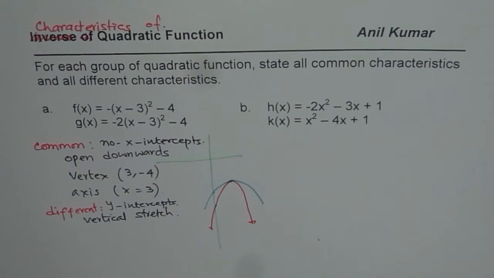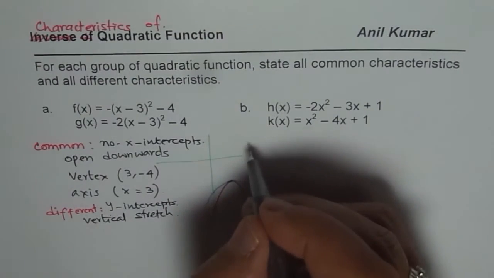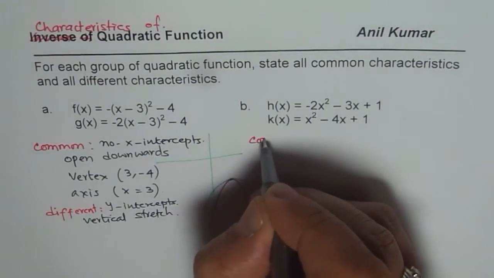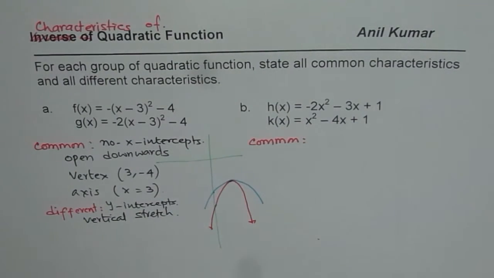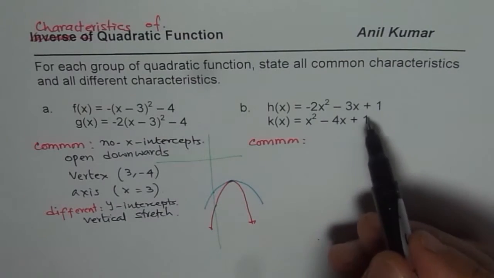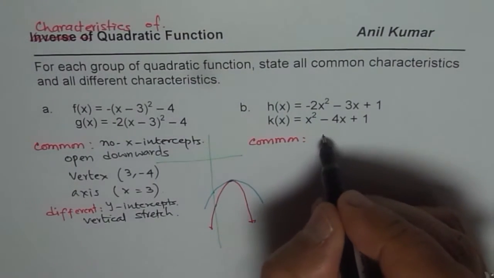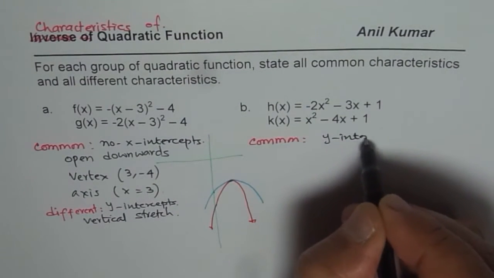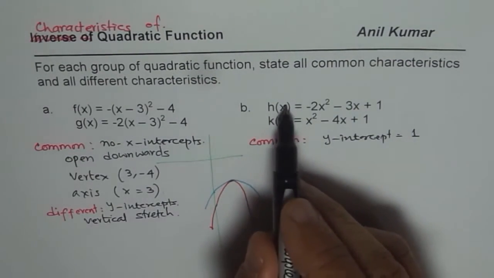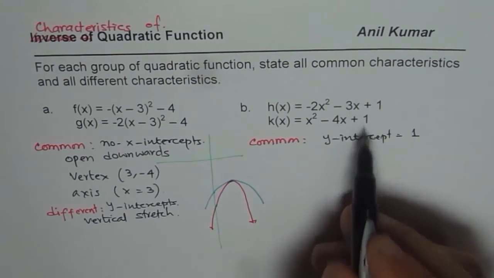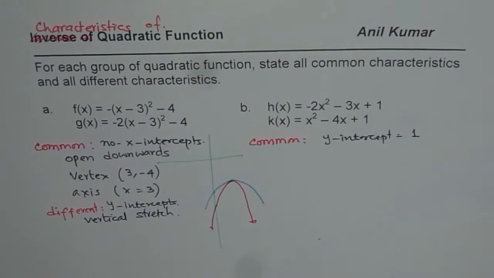Now let's look into the second set. In the second set we may have to do some calculations, right? Anyway, what we see common here is obviously the y-intercept. So we say y-intercept is common, which is equal to 1, because h of 0 and k of 0 is 1. So y-intercept is common for sure.